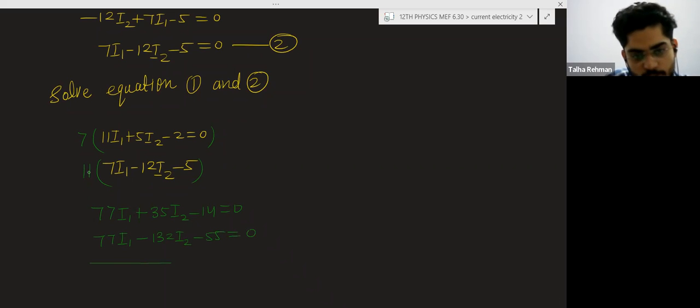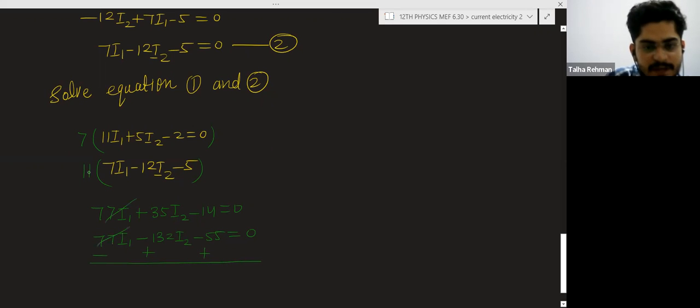Now you can solve both the equations. Here is minus, here is plus, so 77 I1 and 77 I1 will cancel out, and 35 plus 132 will become 167 I2. And this will become plus 41, and this is equal to 0.